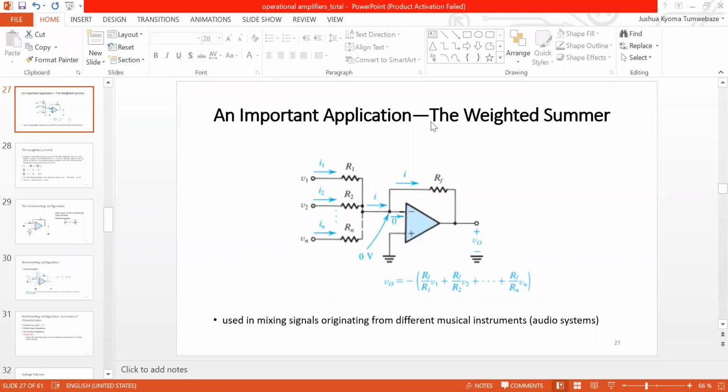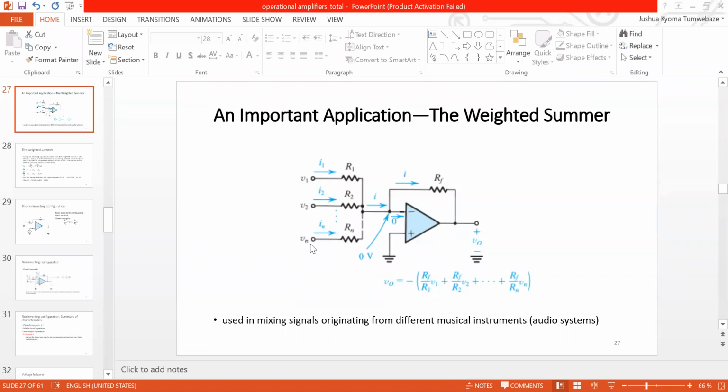So what is the weighted summer? With the weighted summer, we simply have a number of inputs. Here you can see V1 applied through R1. You can see V2 applied through R2.